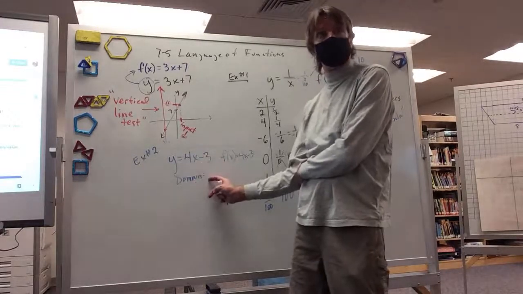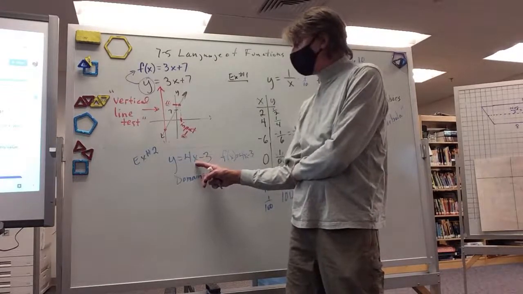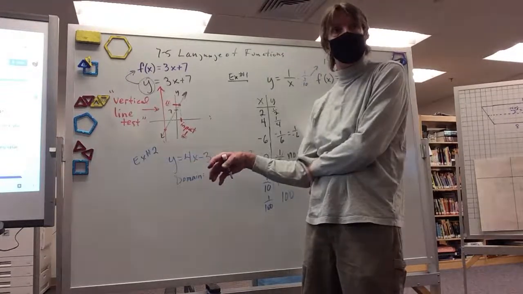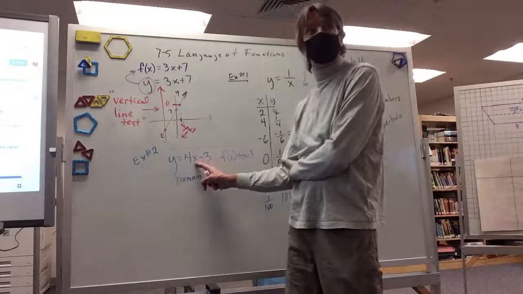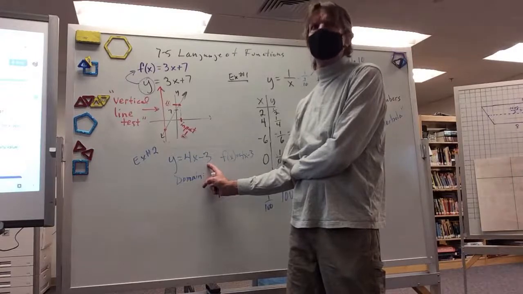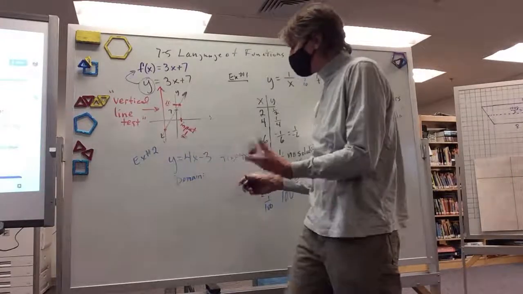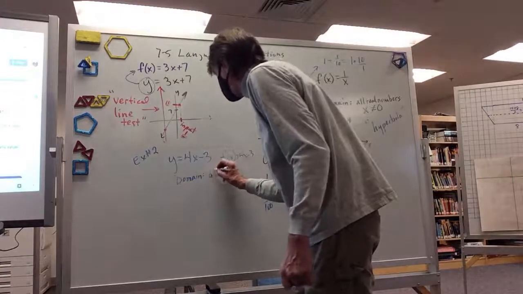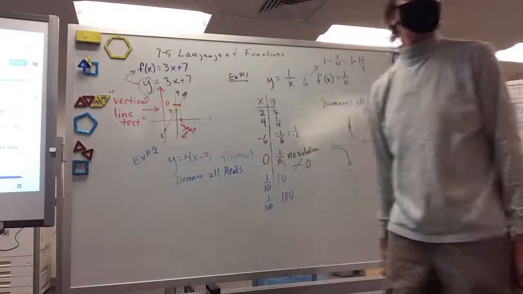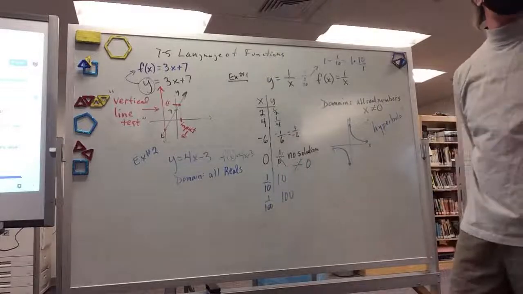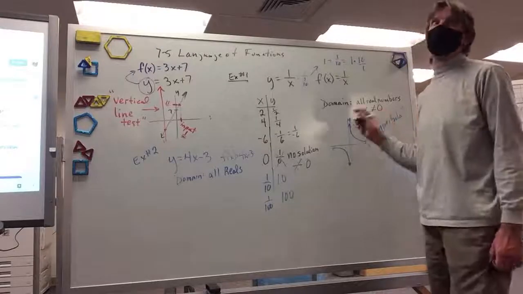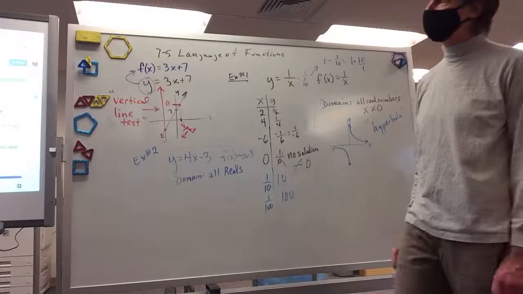Could you use fractions? Could you put pi in there? 4 times pi minus 3, sure. Can you put 0 in there? 4 times 0 minus 3 equals negative 3. So in this case, we say that it's all real numbers, or all reals. There's no restrictions. This one here, we said the restriction was all the real numbers except that x could not be equal to 0. That happens a lot.